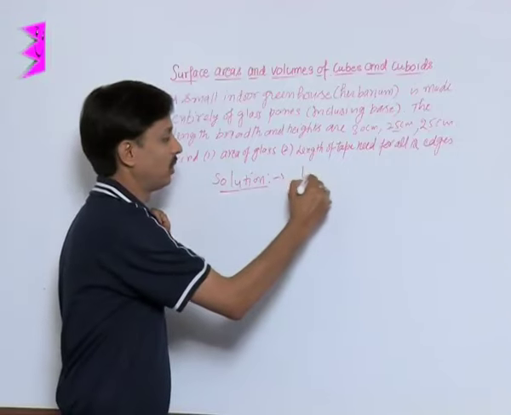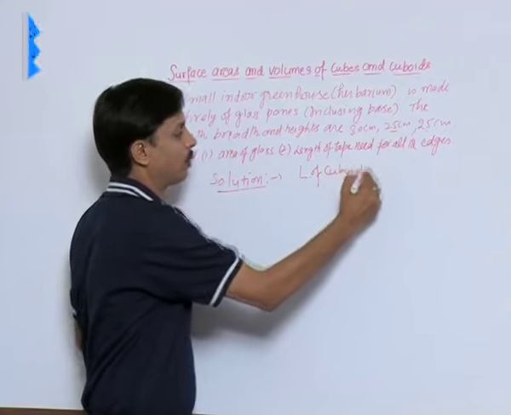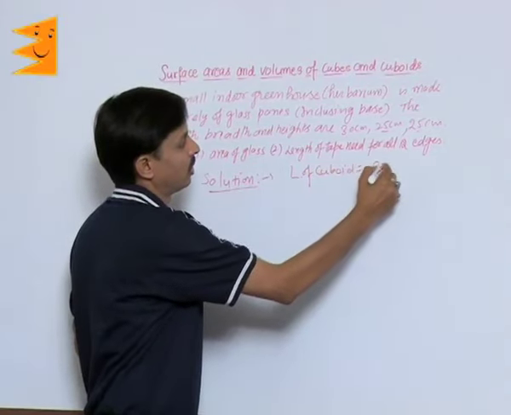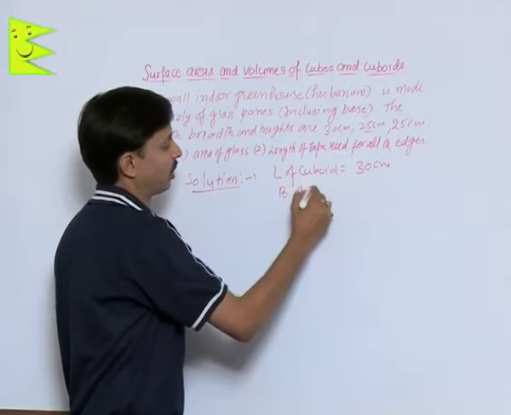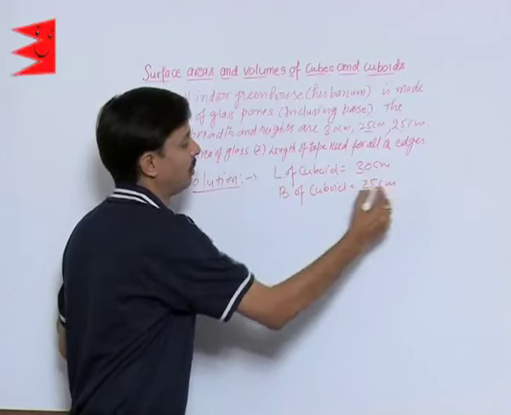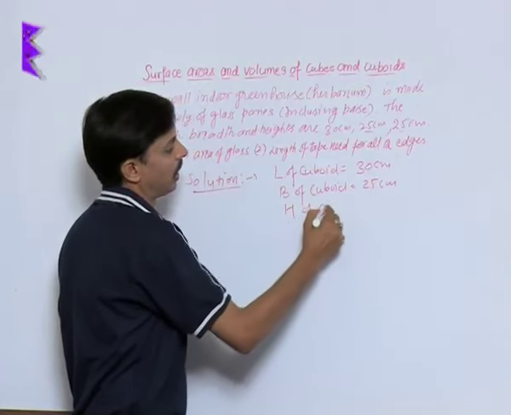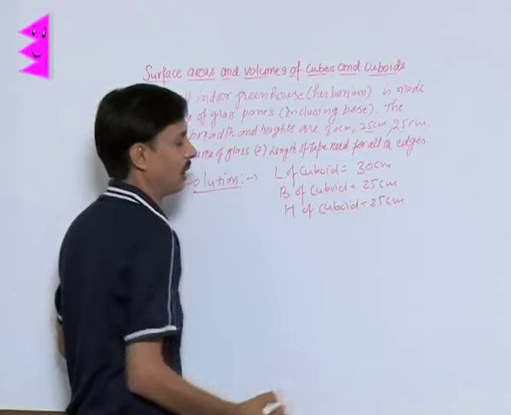The length of the cuboid is given as 30 centimeter, the breadth of the cuboid is 25 centimeter and the height of the cuboid is 25 centimeter.